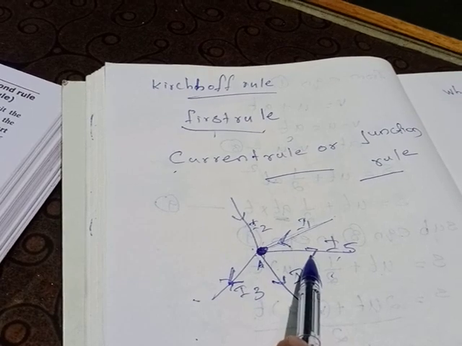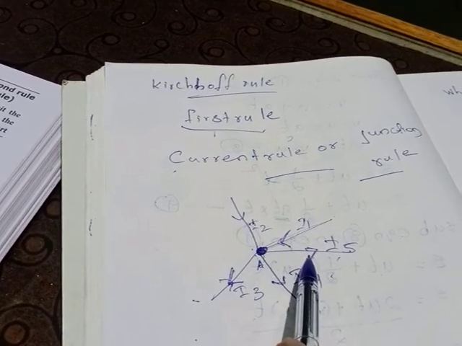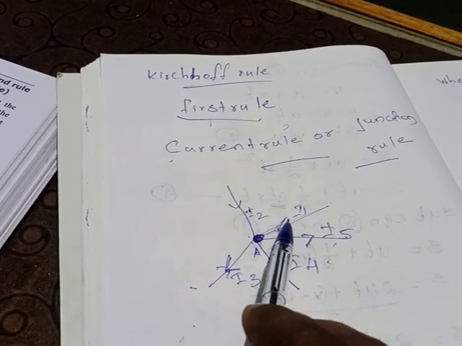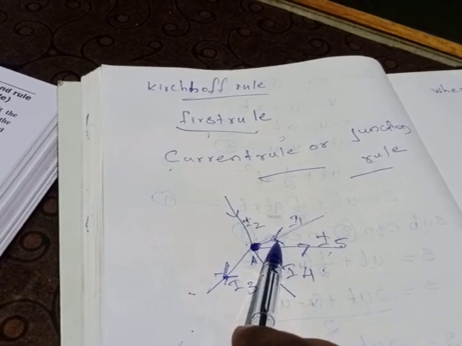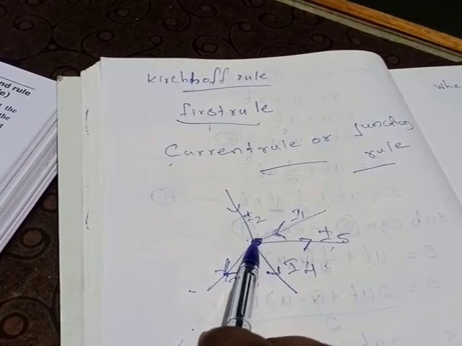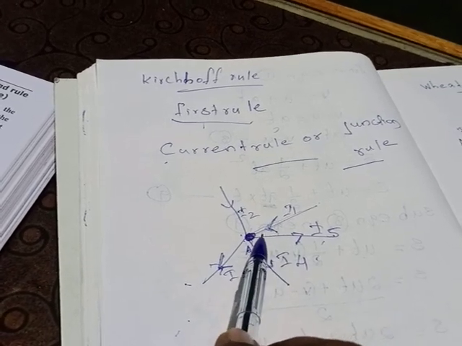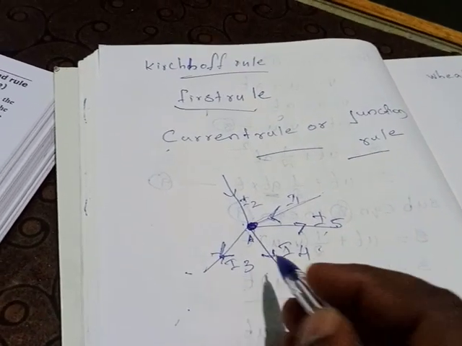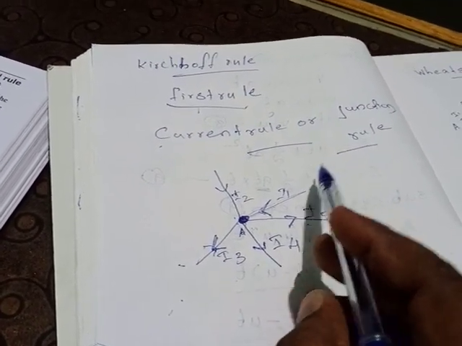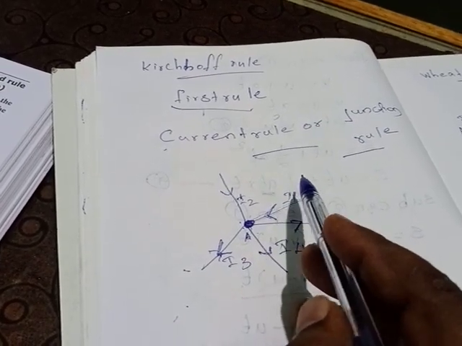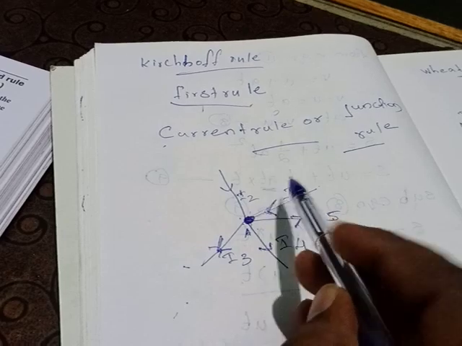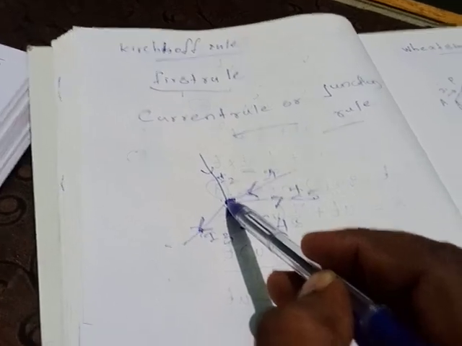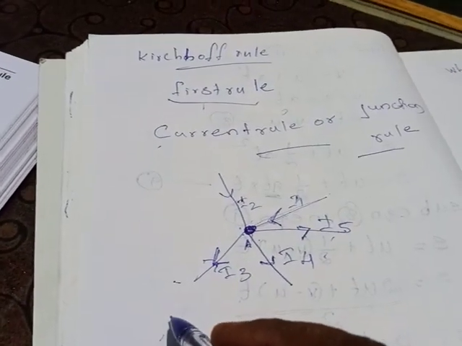So from anywhere, current moving towards a junction is positive, and the current going away from the junction is negative. It states that the algebraic sum of the current at any junction of a circuit is 0. If you take the sum of all these currents at this junction, it will be 0. That is Kirchhoff's first rule.